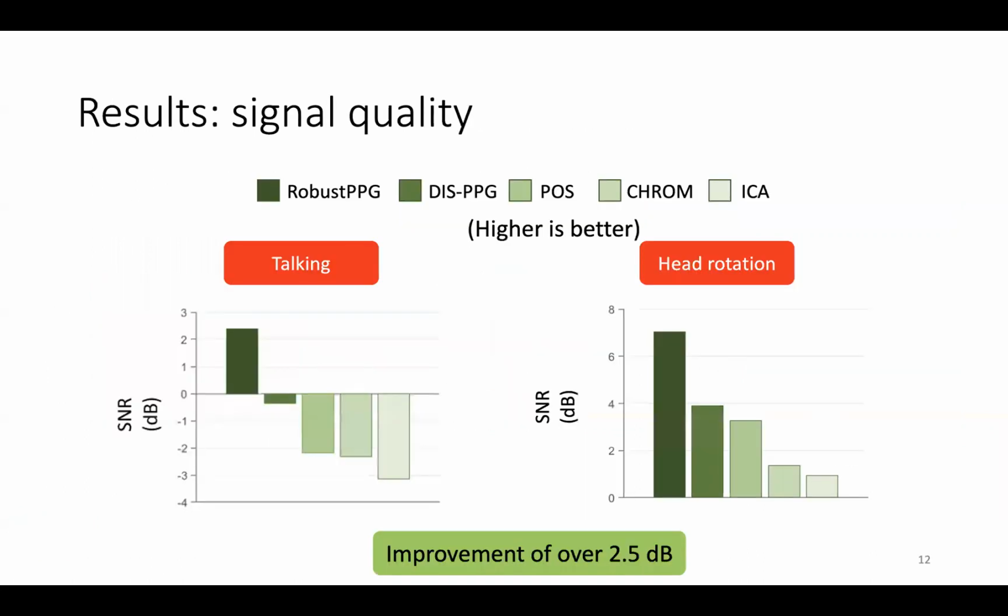To quantify the improvement in performance, we evaluate the signal quality in terms of signal-to-noise ratio (SNR) and the root mean square error in the estimated heart rate. In both types of movements, the talking and the head rotation, we observe an average of over 2.5 dB improvement in the signal quality over the second best prior method.